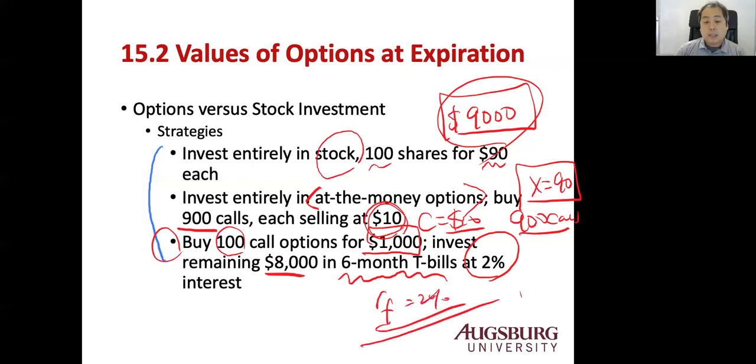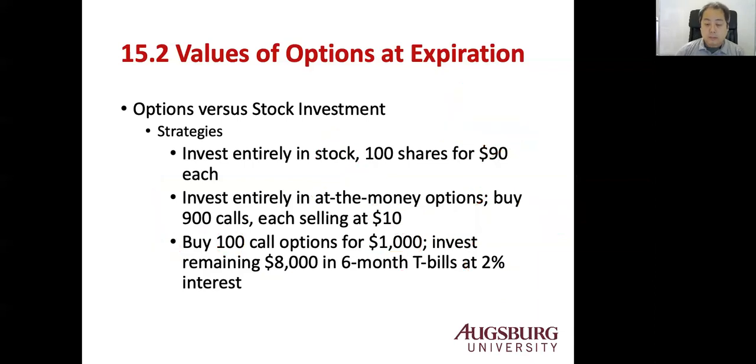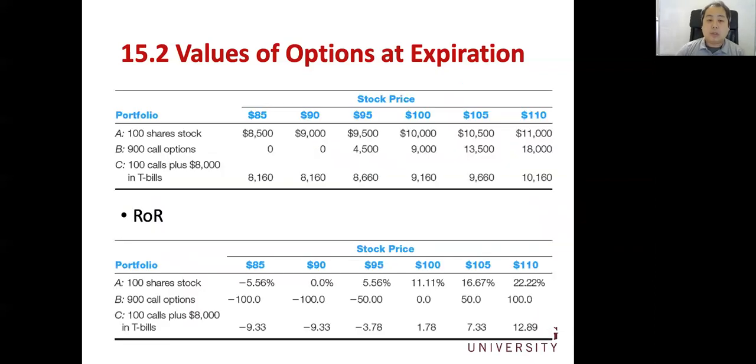Okay. Let's compare these investments. The next table shows the result. At expiration, 6 months later, the stock price may change like this. This is a sensitivity analysis, right? $90 is the even point. The value of the stock is still 90. You don't exercise the call option, because the option is only exercised when the stock price is above the exercise price.